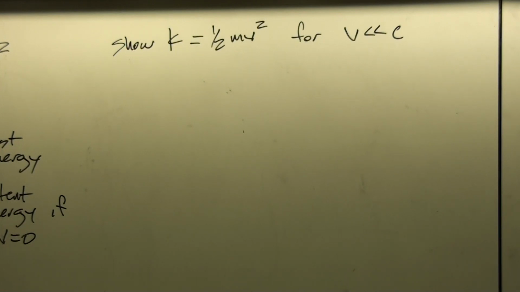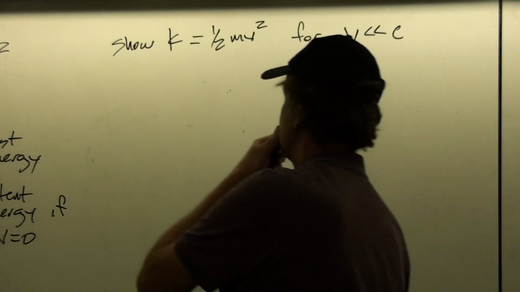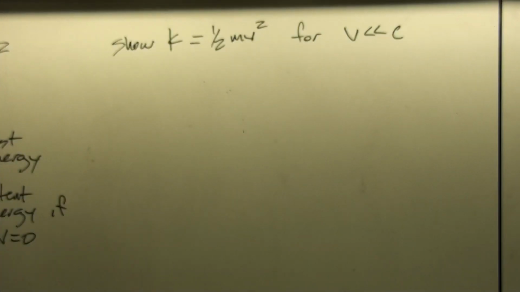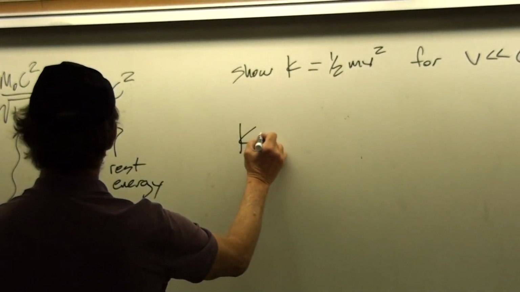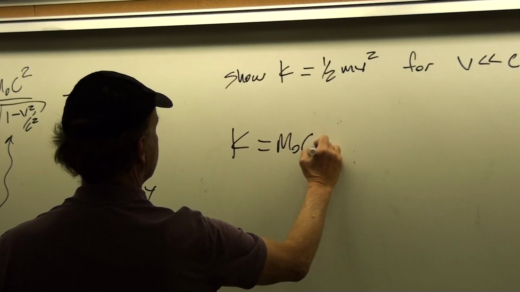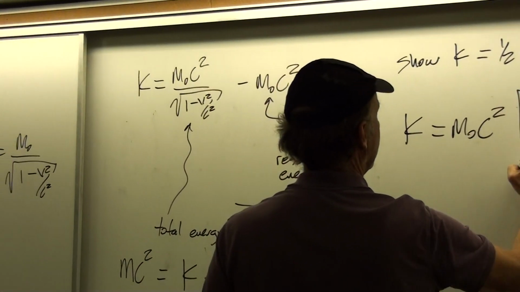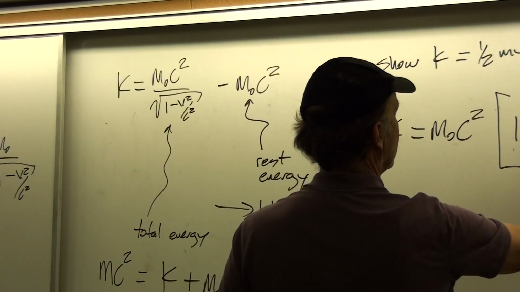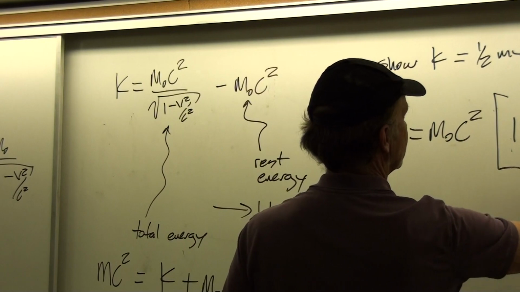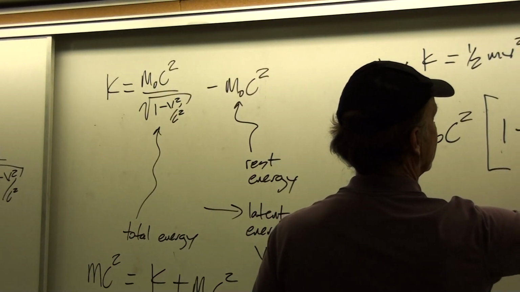Well, one way we can do this is to look at the square root term. So the k then is equal to m naught c squared times 1 minus v squared over c squared to the minus 1/2 power.